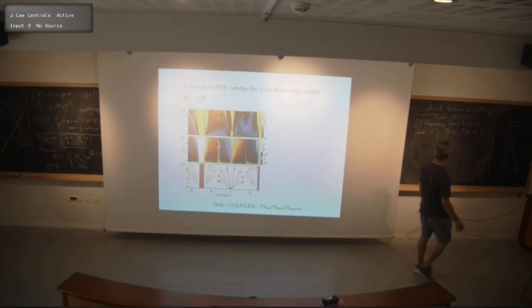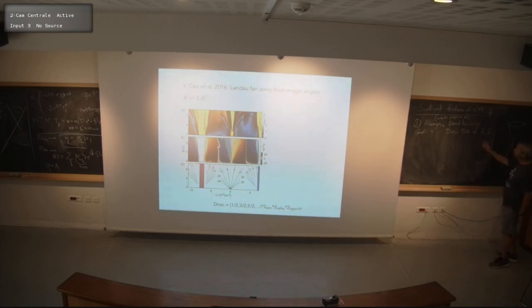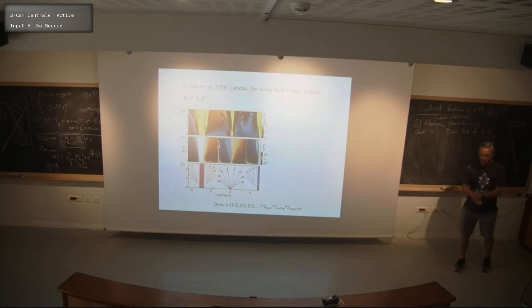That's what you actually vary when you do numerics. There are always band touchings and Dirac points at K and K prime at all angles. So for large angles, just a comment: twisted bilayer graphene has been around a long time. It's only the very small angles that are new.